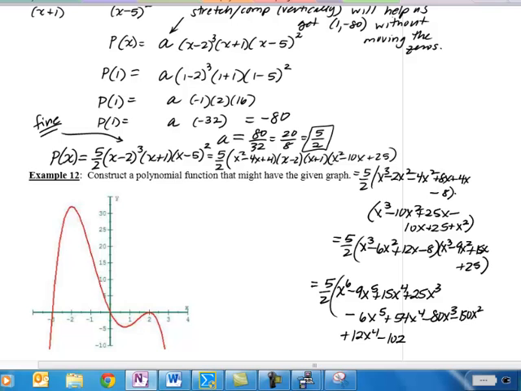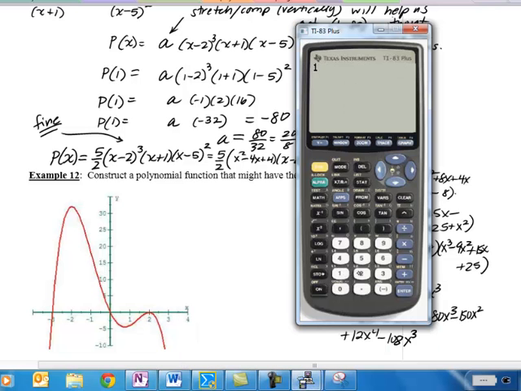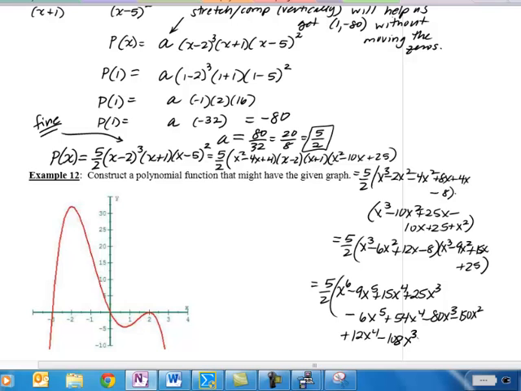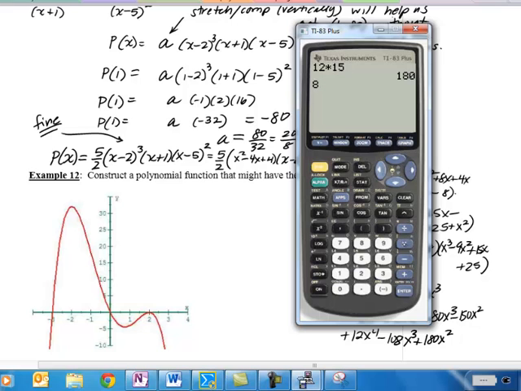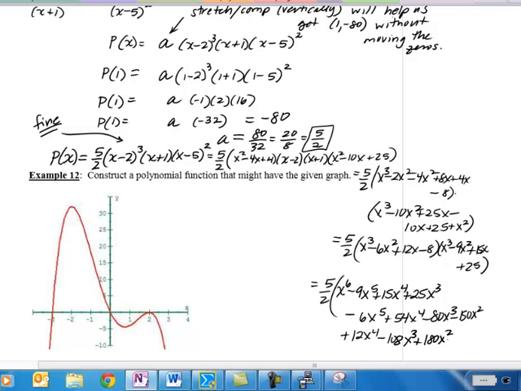No, 108 x cubed, plus 12 times 15, 180 x squared, and then 8 times 15, 120, yep, 120, that's negative x.